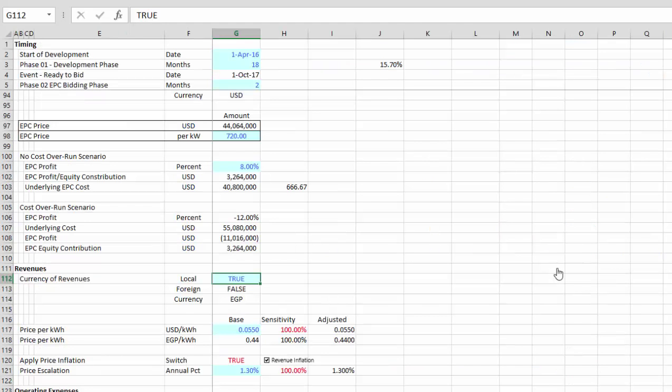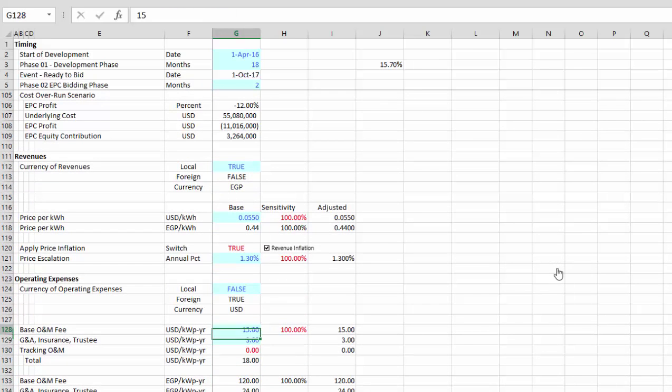So if our revenues were in USD, we get a big difference. And then if our expenses were in USD, we get a big difference too.